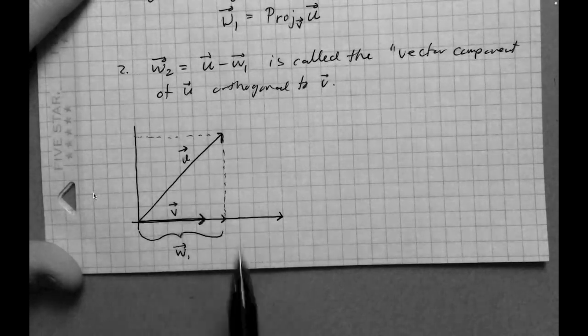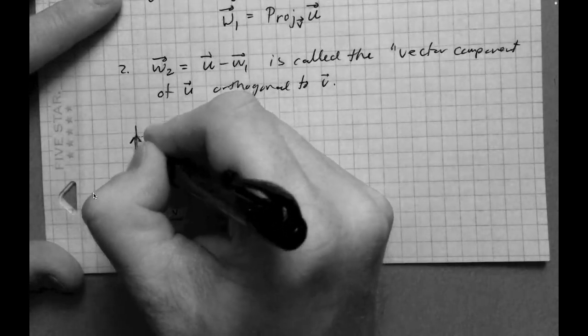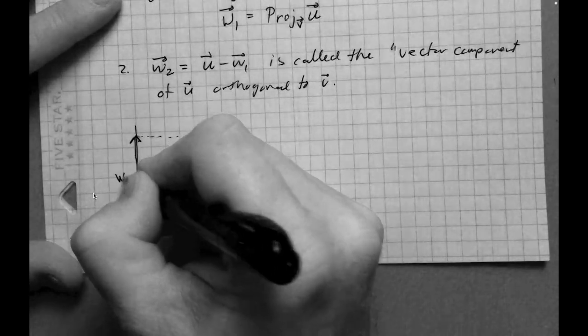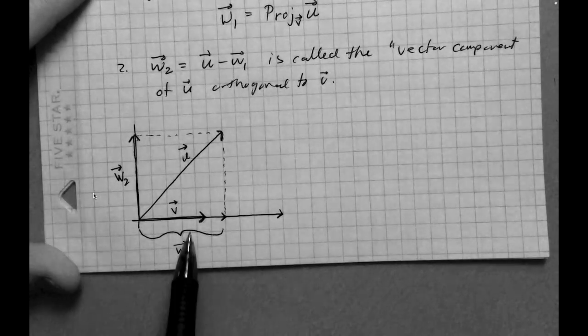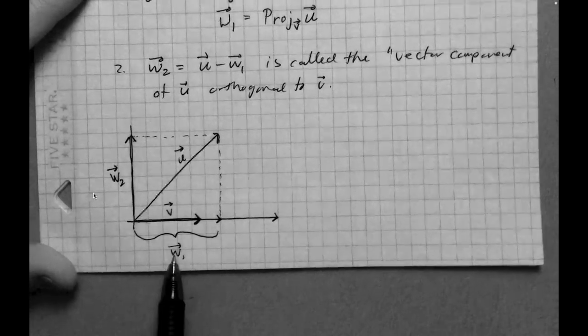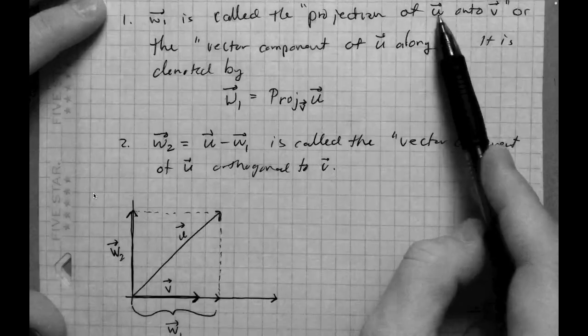So it's parallel to v. And then over here you've got this other one that comes up like this, and that's w2, which is orthogonal to v. So this w1 down here is called the projection of u.